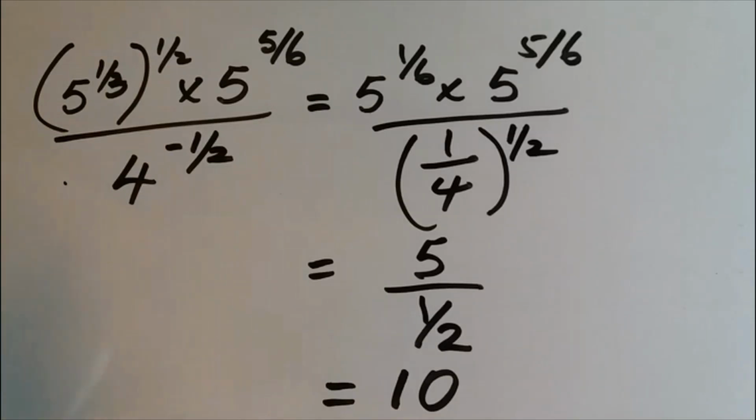So we take the inverse of 4, which is a quarter, and now we have a positive index, which is to raise a quarter to the half, which means taking the square root of both the numerator and denominator, and that gives you a half. So we have 5 divided by a half, it gives us 10.